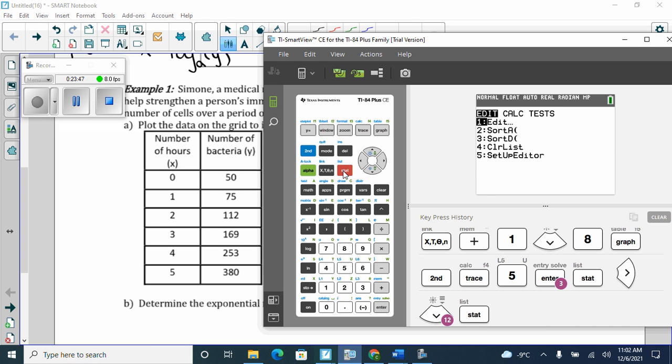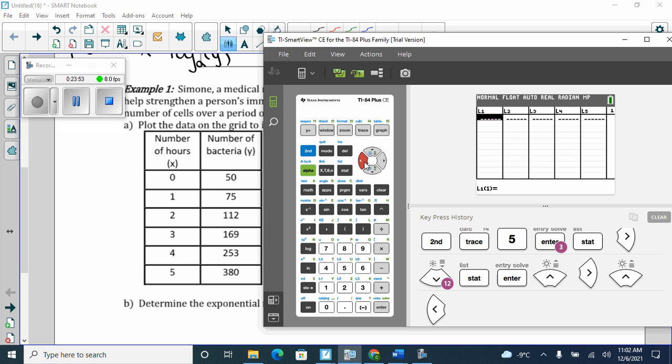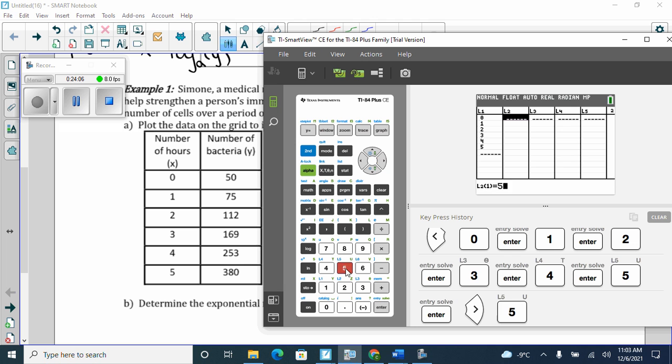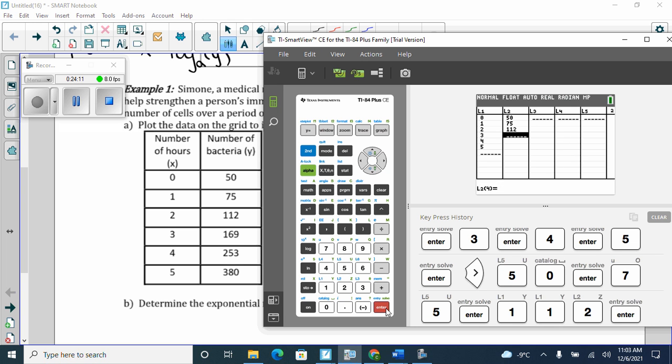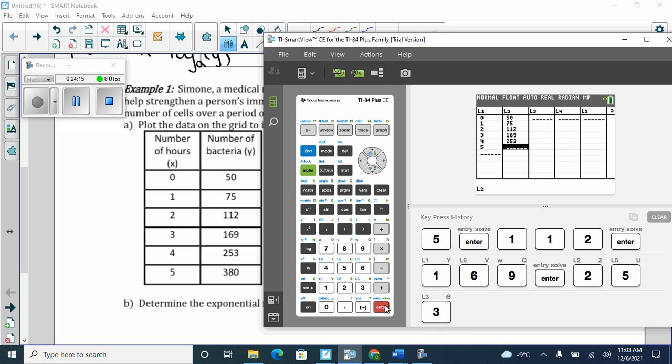Stat, edit. Clear our lists. Clear, enter if you need to clear them. Don't delete them. That's no good. Then we're going to go 0, 1, 2, 3, 4, 5, over 50, 75, 112, 169, 253, 380.